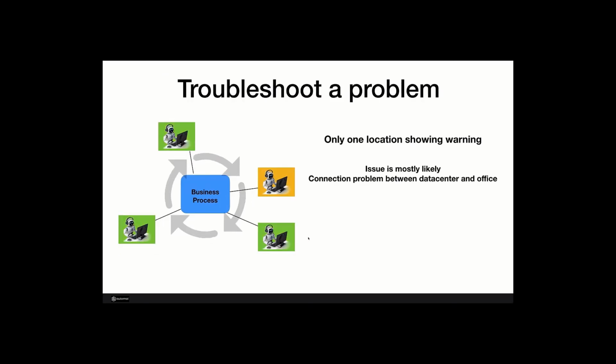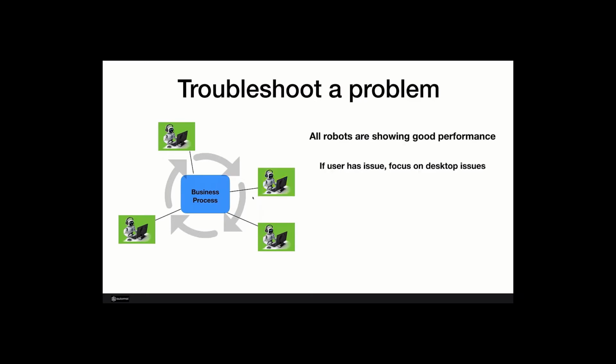But if only one robot is reporting an issue and the other robots looking at the same application, same business process, are fine, that means most likely the issue is coming from the connection between the data center and that remote location.